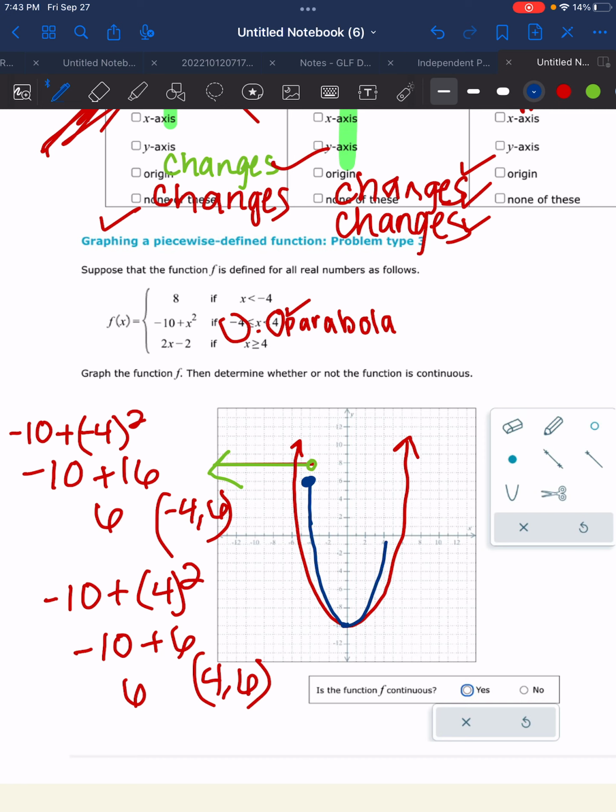And then 4 and 6, and that one was an open circle. So I'll leave it open. And I'm going to erase that red because that was just a mock for us to use until we figured out the restrictions. Okay. Connect these back. There we go.